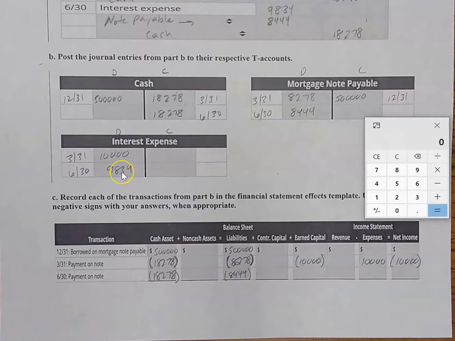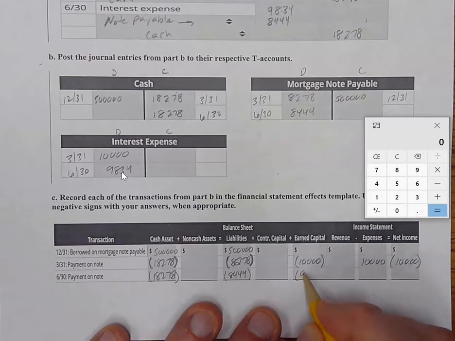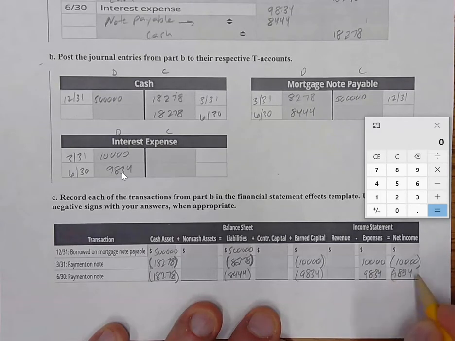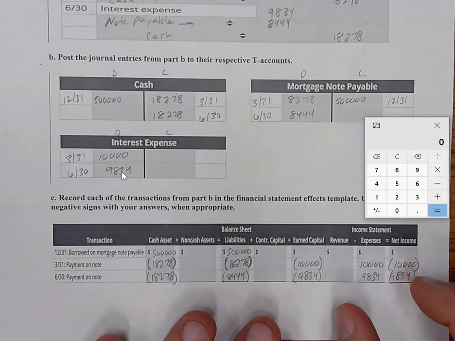And then we can come over here and get our interest expense, and we're going to do the exact same thing that we did before. Reduction to earned capital, expenses gone up, and then net income is down. So again, expenses up, net income down, and then that flows over into retained earnings on the balance sheet.